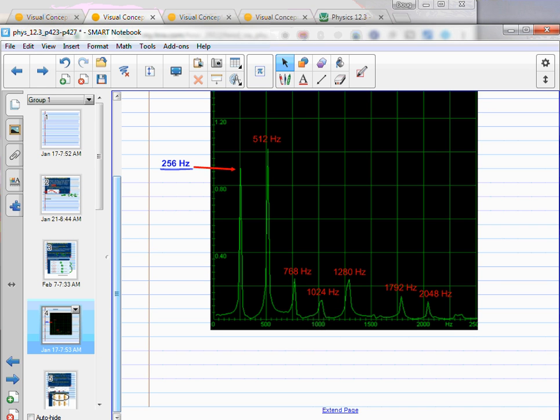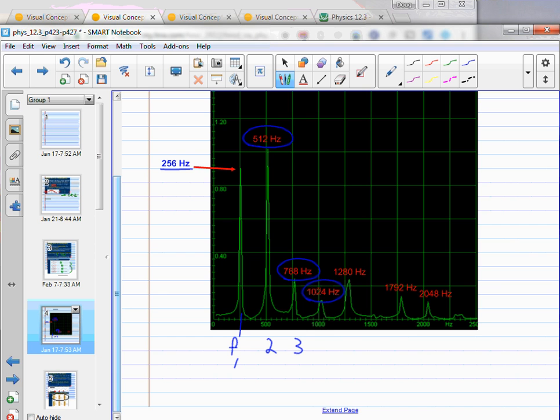But you notice that 256 hertz is the first one that is being sung. There's a spike at 512 as well, a spike at 768, 1024, and these are just integral multiples of that 256. So we have not only the fundamental frequency here, the 256, middle C being sung, but there's the second harmonic and how intense it is.